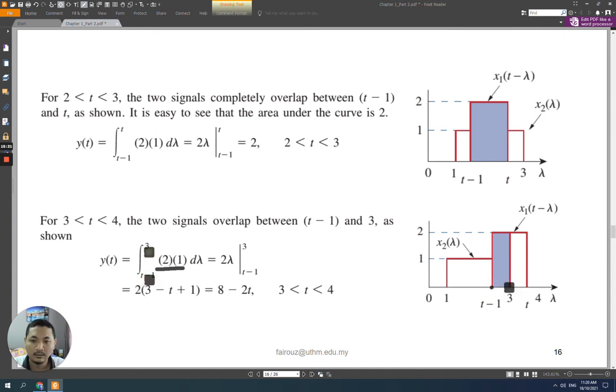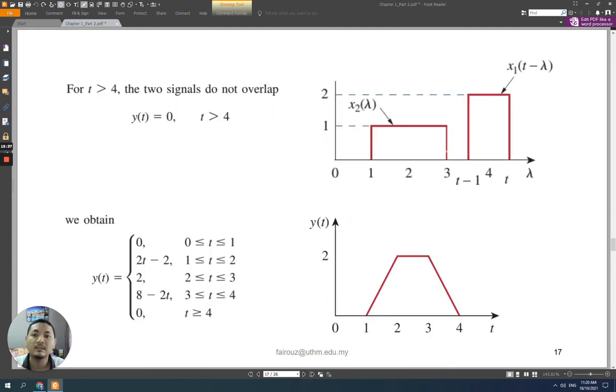You perform this integration, you will get y(t) equals 8 minus 2t for this shift. Then you continue until these two signals do not overlap. When there's no overlapping, y(t) is simply 0.